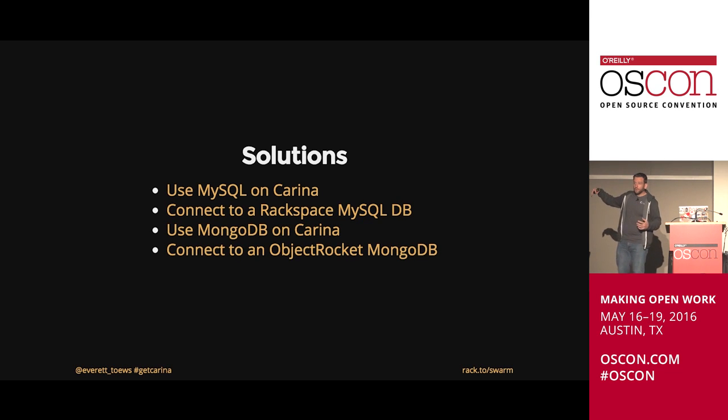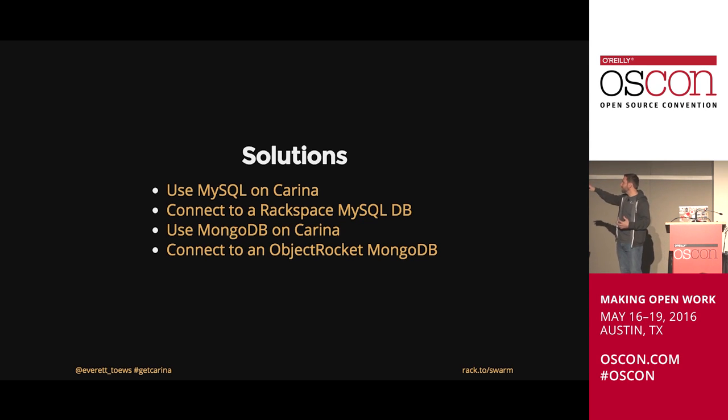Some other solutions, if you're not storing file-like data: if you've got database data, production data that you really need to store and completely rely on and have highly available and redundant, you might want to store it somewhere off cluster. Certainly you can use containers for this sort of thing if you're willing to accept the risk of accidentally blowing away your data. Again, back up your data and be able to restore it. I can't stress that enough.